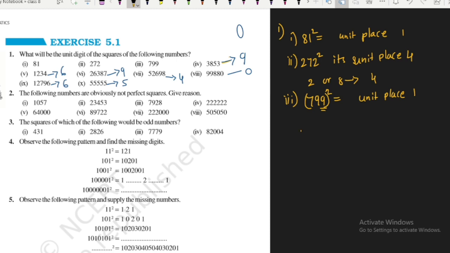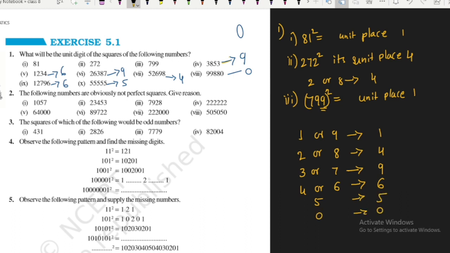For example, once again lastly: 1 or 9 ends with 1, 2 or 8 ends with 4, 3 or 7 ends with 9, 4 or 6 ends with 6, 5 ends with 5, 0 ends with 0. So this will help you to easily tell the unit digit of the squares of the following numbers.